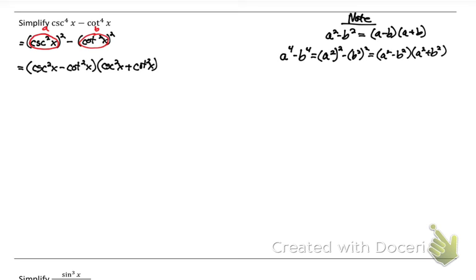Now let's make another note to ourselves. I know that cotangent and cosecant are joined together when they're squared because we have a formula that goes 1 plus cotangent squared x equals cosecant squared x.